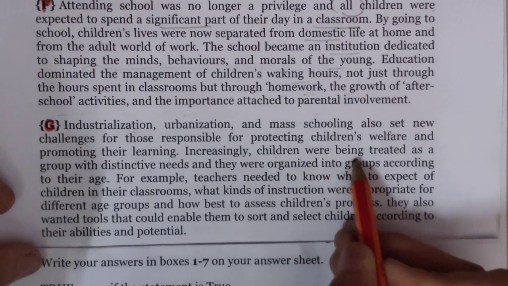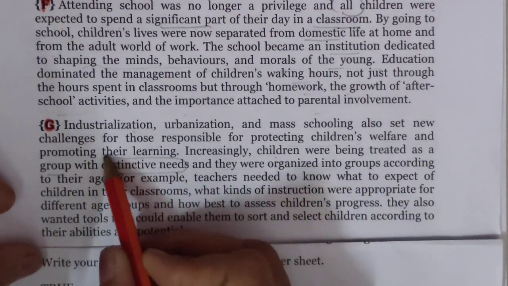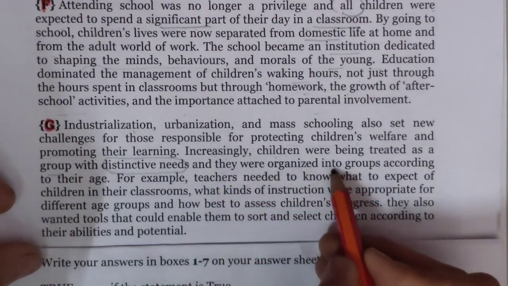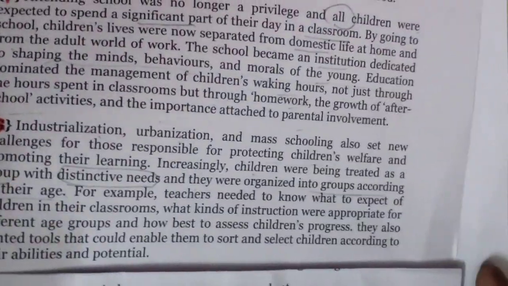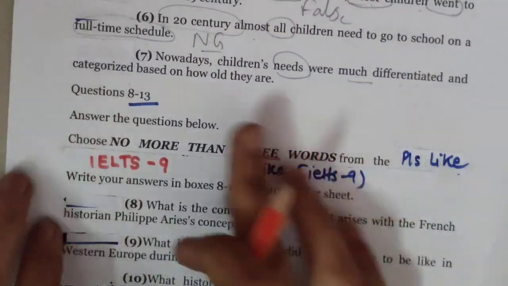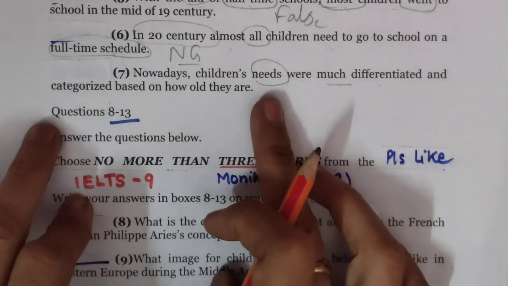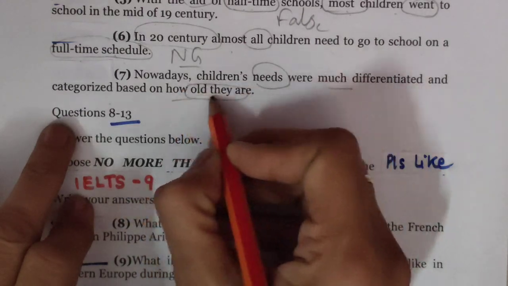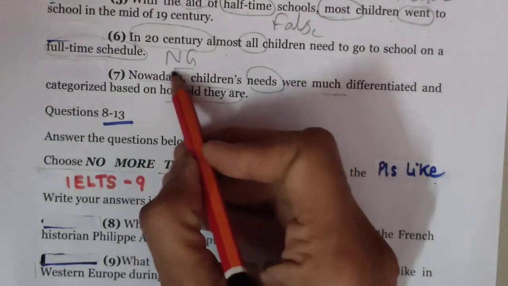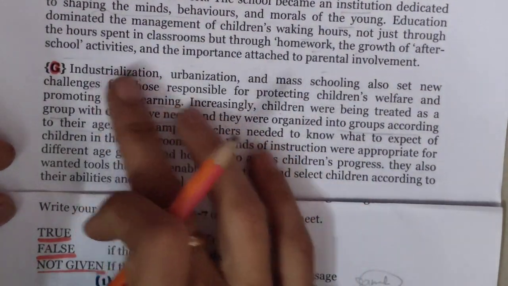Increasingly, children were being treated as a group with distinct needs, and they were organized into groups according to their age. So what is the statement saying, let's read it. Nowadays, children's needs were much differentiated and categorized based on how old they are. Yes, this is given. Only nowadays I couldn't find, but everything else is given.